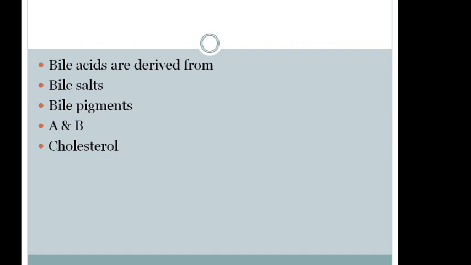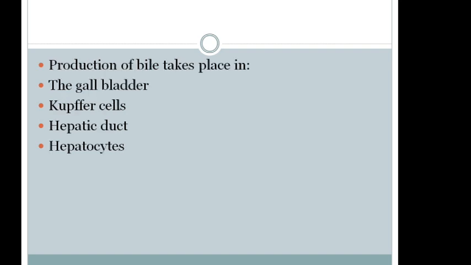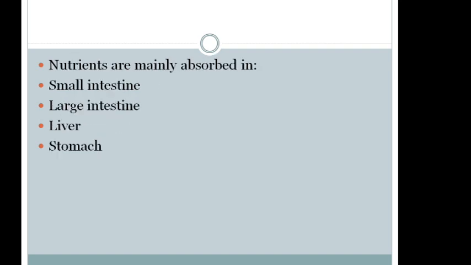Okay. Now next question. Digvijay, it's your turn. No one has answered the next question. Digvijay, you have to answer the next question. Nutrients are mainly absorbed in. Very easy question.